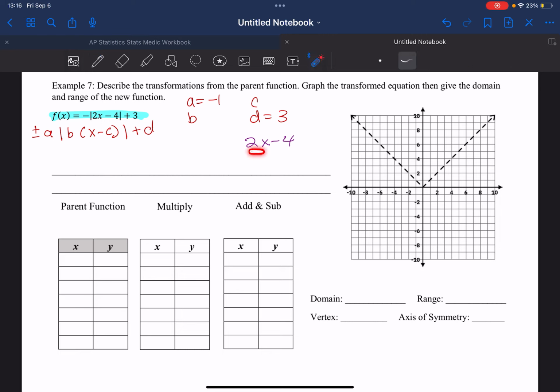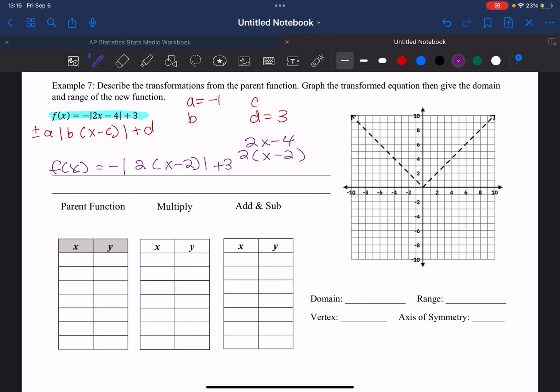Well, between these two, the number that they have in common is 2. So I'm going to take out a 2 and then divide. 2x divided by 2 is x. -4 divided by 2 is -2. So that means instead of this 2x minus 4 in my brackets, I actually have 2 parentheses x minus 2. So I could rewrite this so I have it. So f of x is equal to negative absolute value 2 x minus 2 plus 3.